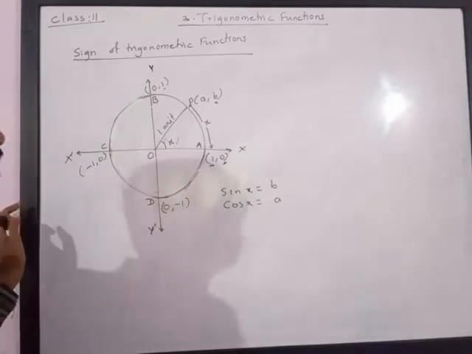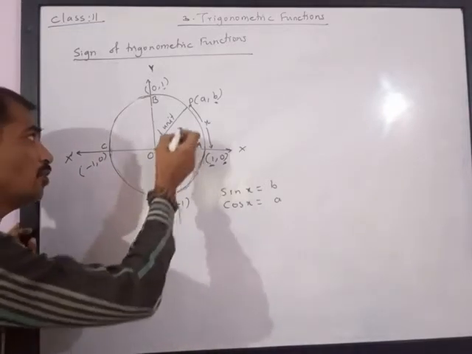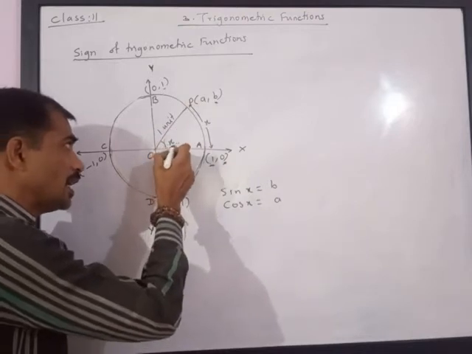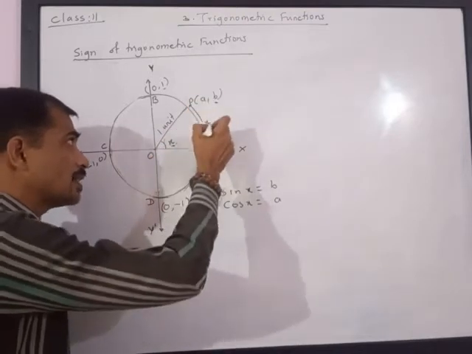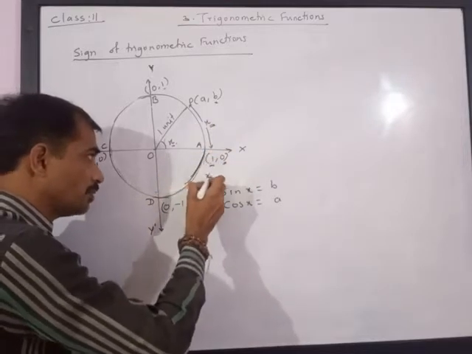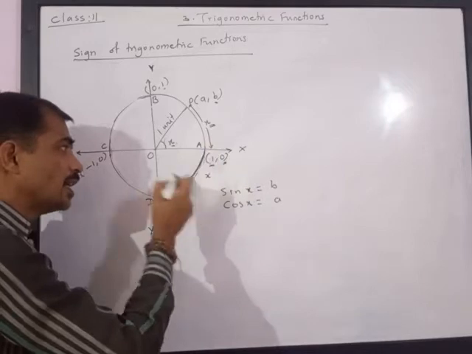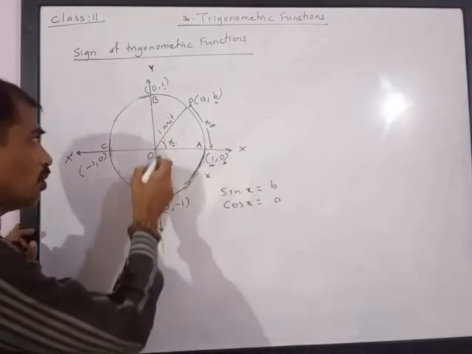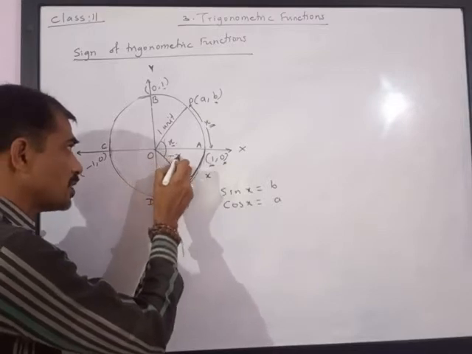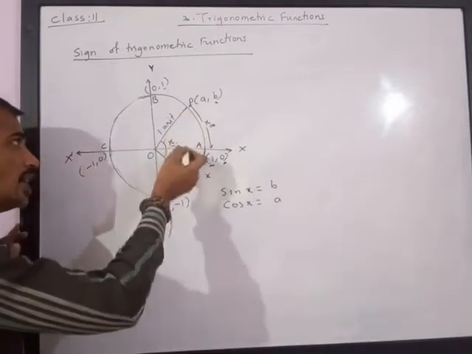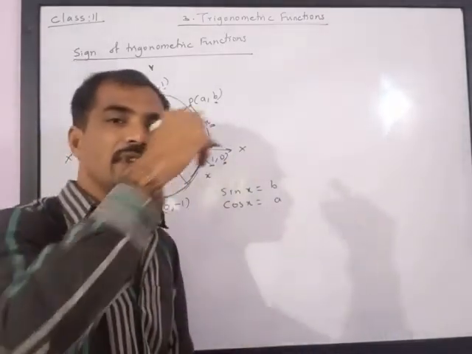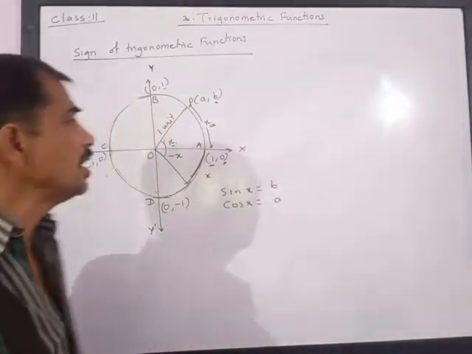Now try to understand, when you consider a negative angle, that is, if you take this x in the clockwise direction, if the length of the arc is taken in the clockwise direction, we know that the angle measured is negative x. If the angles are measured in the anti-clockwise direction, they are considered positive, and if they are measured in the clockwise direction, they are negative.